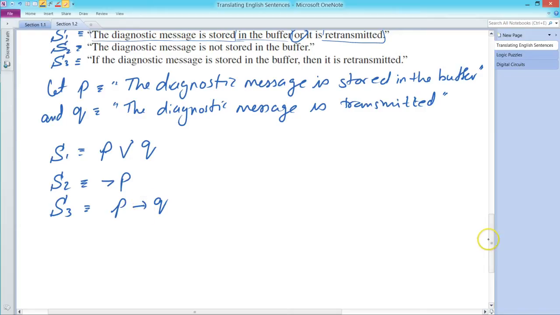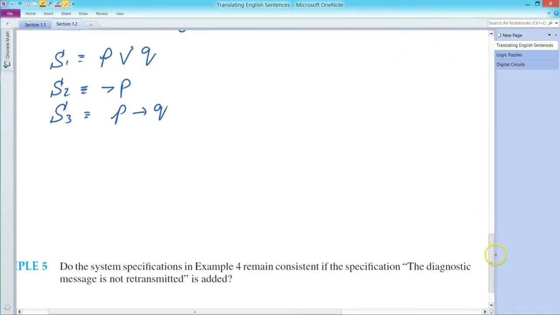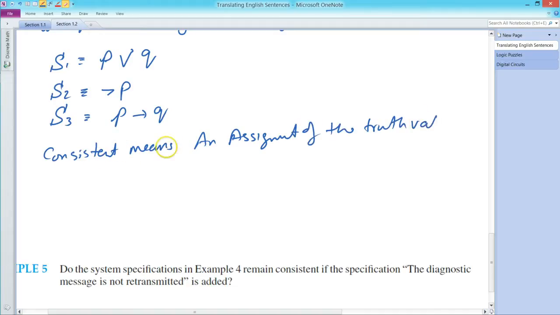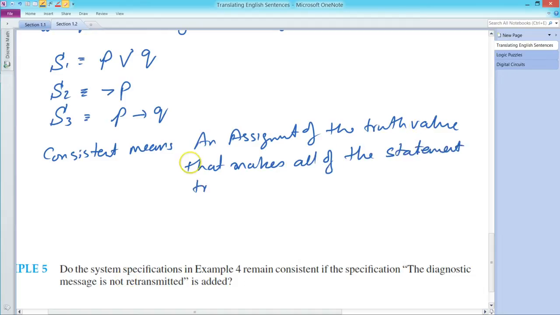And let's look at the consistency. What is consistency? Consistent means an assignment of the truth value that makes all of the statements true.